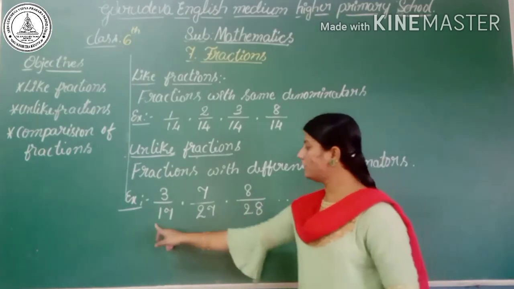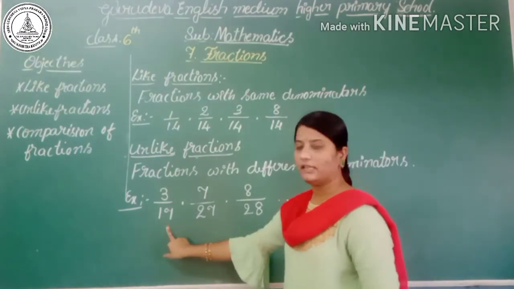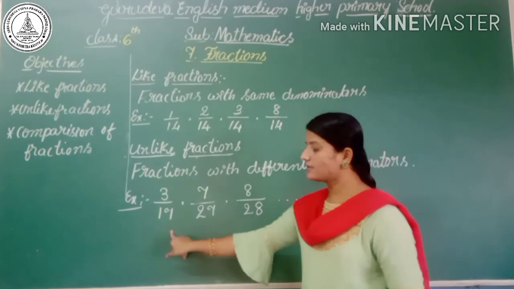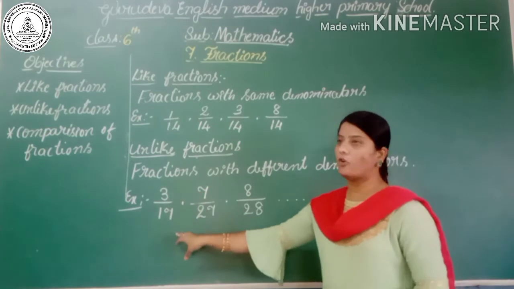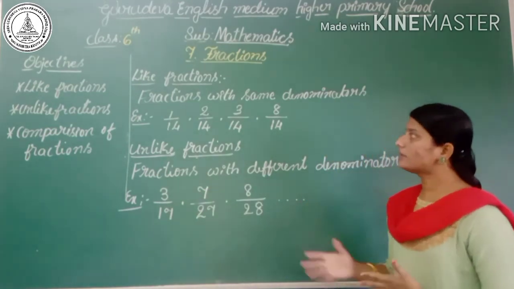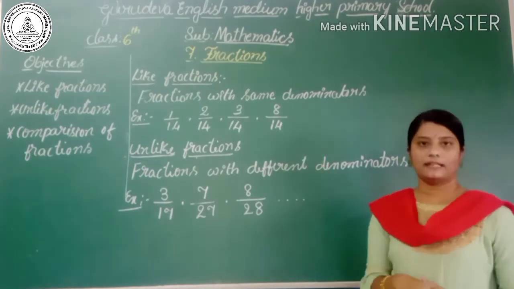Observe the denominators of these three fractions: here 17, here 27, and 28. These three fractions have different denominators, so they are examples of unlike fractions. You can also write some more examples for like fractions and unlike fractions.